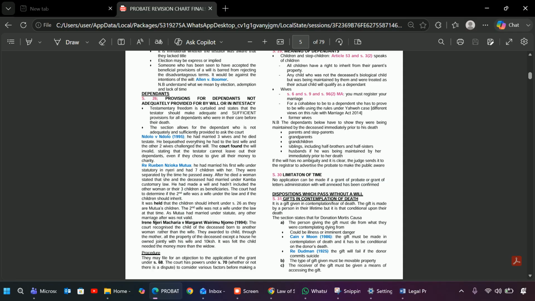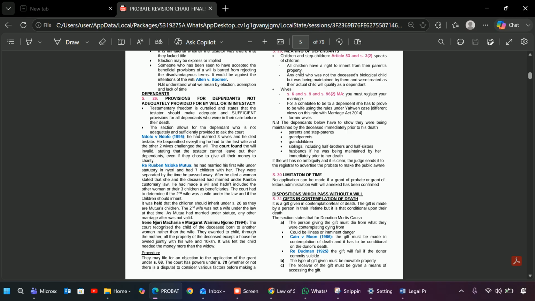Then we saw the case of Reuben Zioka Mutua, where he had married his first wife under the statutory regime in Nyeri and had 7 children with her. They were separated by the time he passed away. And after he died, a woman stated that she and the deceased had married under Kamba customary law. He had made a will and hadn't included the other woman or their 3 children as beneficiaries.